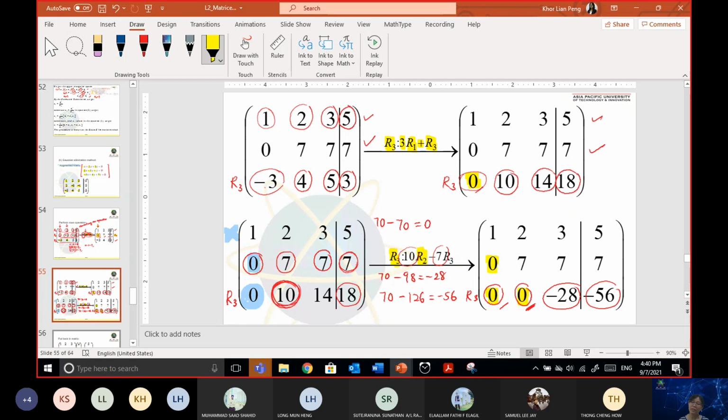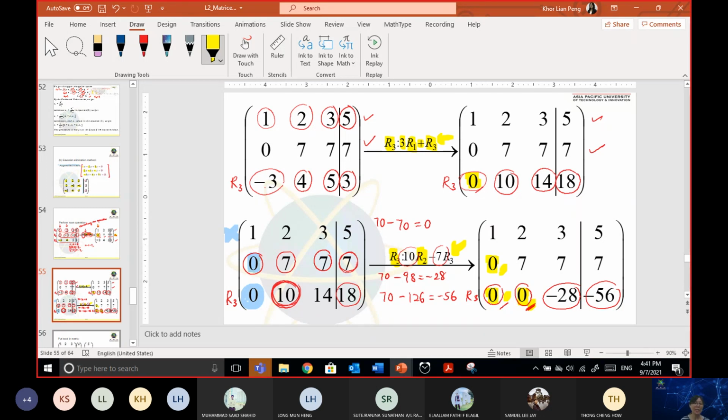You may have different row operations, as long as you get these three elements as 0, the upper triangular. Individually you may not follow exactly the same operations.